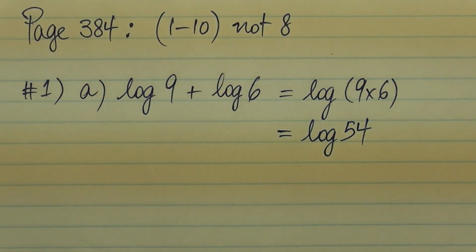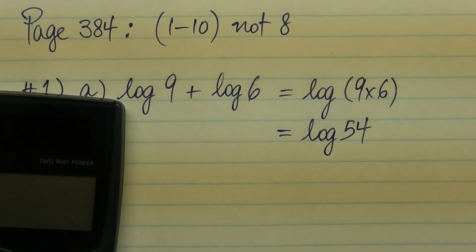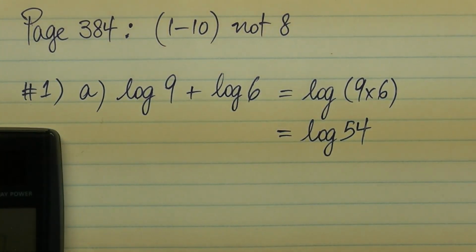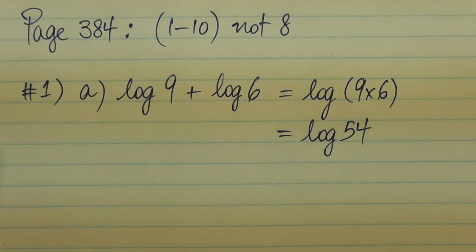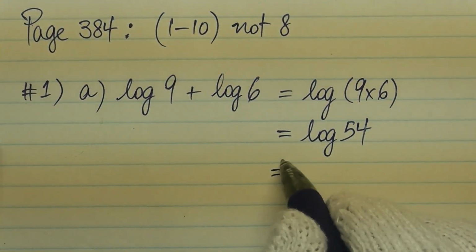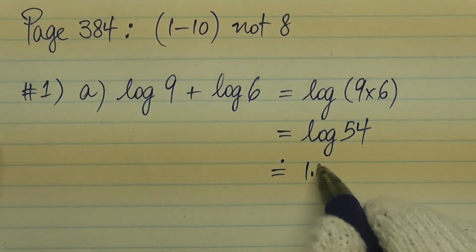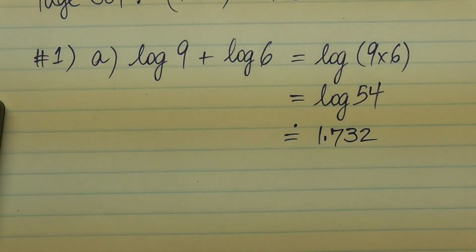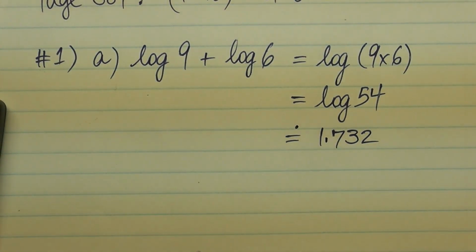Now, to save some time, you'll notice that in question 2 it says use a calculator to evaluate correct to 3 decimal places, so I'm just going to do that at the same time. The log of 54 correct to 3 decimal places is 1.732. It should be a familiar number.